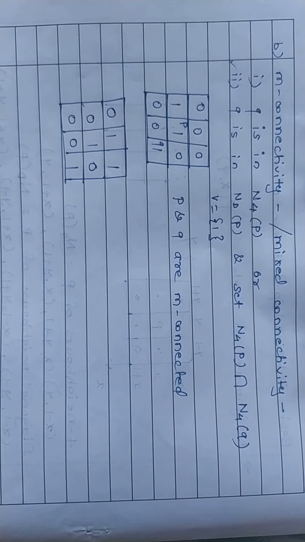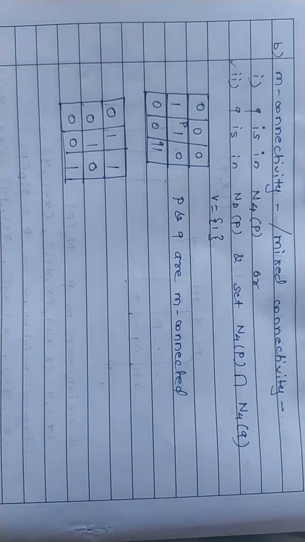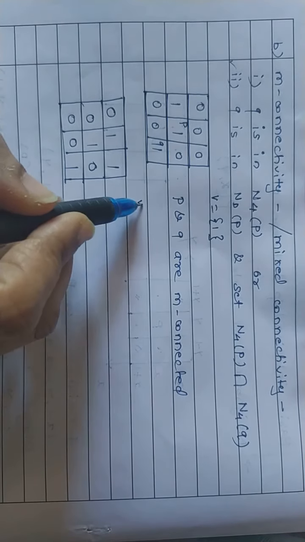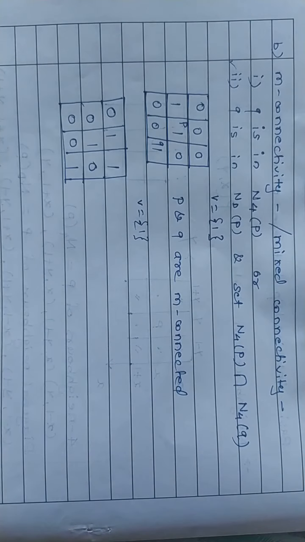0 1 1, 0 1 0, 0 0 1. This is the case. Now here is the arrangement of pixels like this. Again we'll consider set V equal to 1 for this example also.